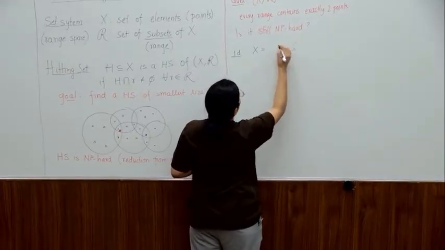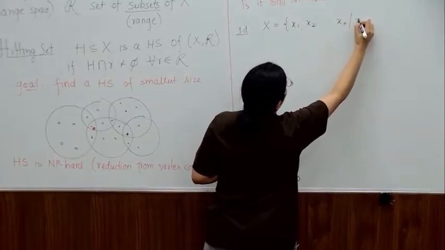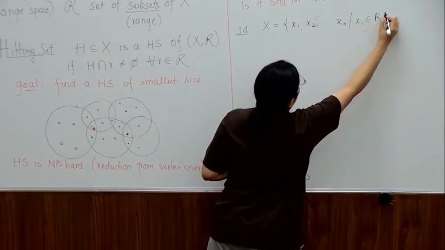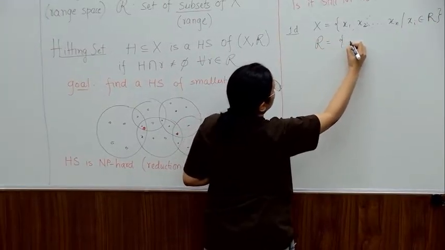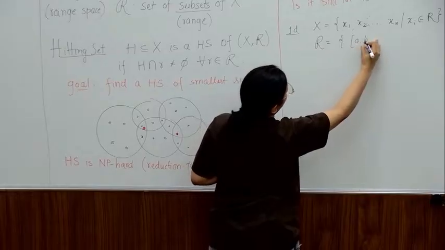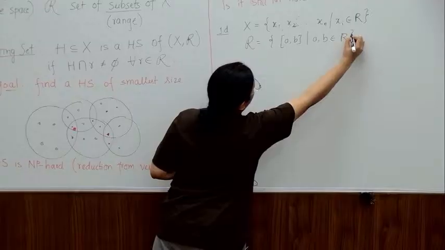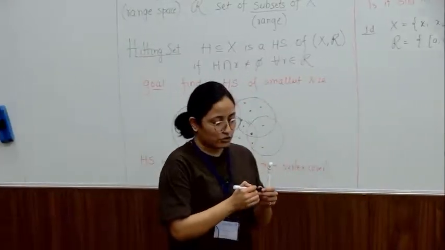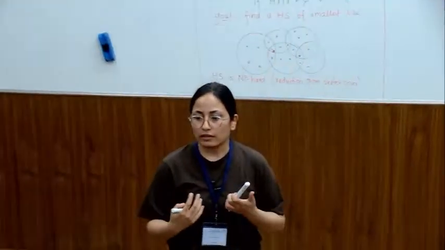So x is some set of points, each xi is a real number, and the ranges are some set of intervals. Can you solve the hitting set problem for the 1D case optimally?